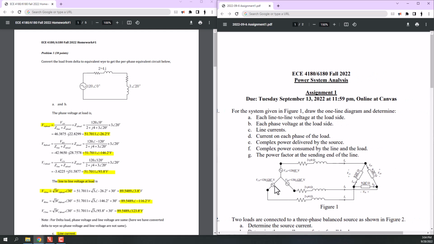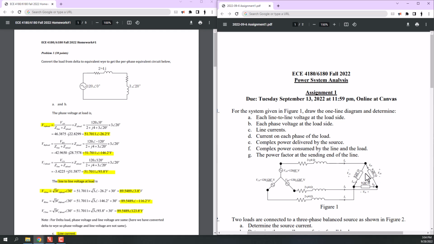We have a three-phase generation unit, a three-phase transmission line, and three-phase load. It is easier for us to work with Y connection, so we prefer to convert this delta connected load to a Y connected load.